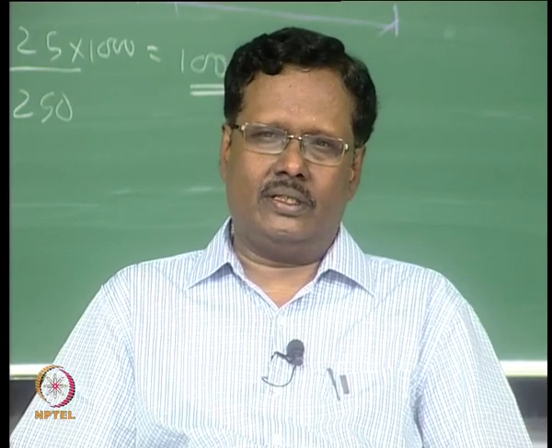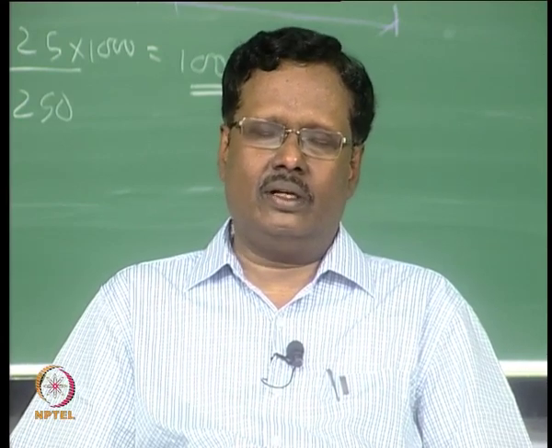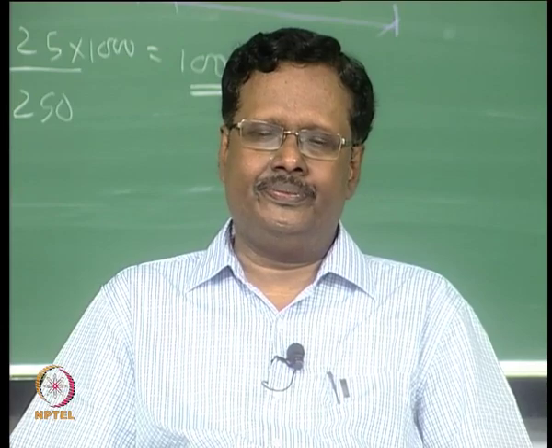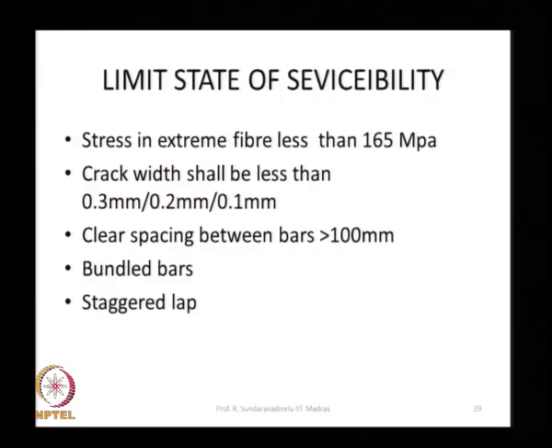Modulus of rupture is the tensile strength only, that only we use to calculate the gross moment of inertia. This 0.7 times root of fck will be 3.5 megapascal if it is M25 grade. Where is 3.5 megapascal, where is 165 megapascal?